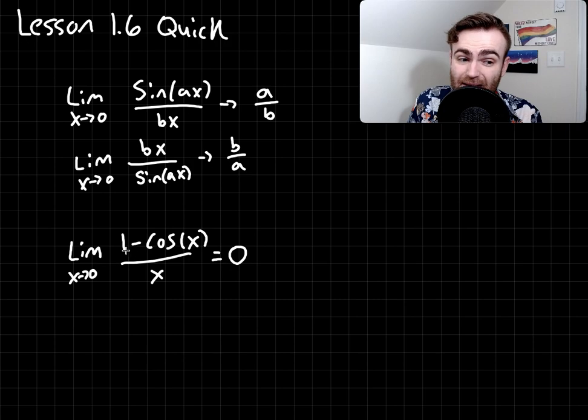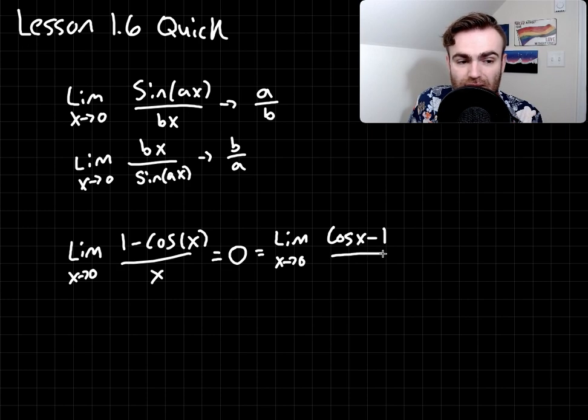Now because 1 minus cosine approaches 0, this is also true if we reverse it. So if we have cosine of x minus 1 over x, that will also approach 0, because negative 0 is still 0.